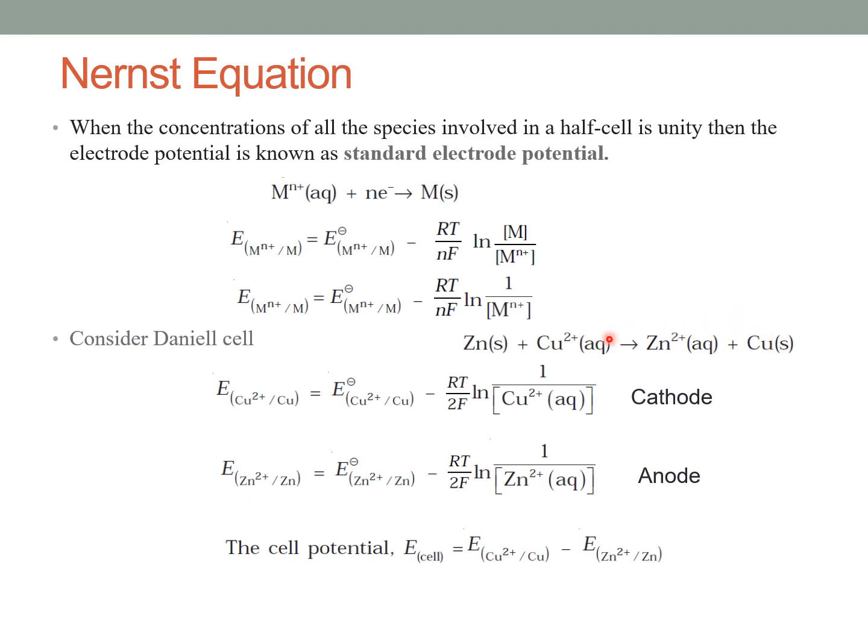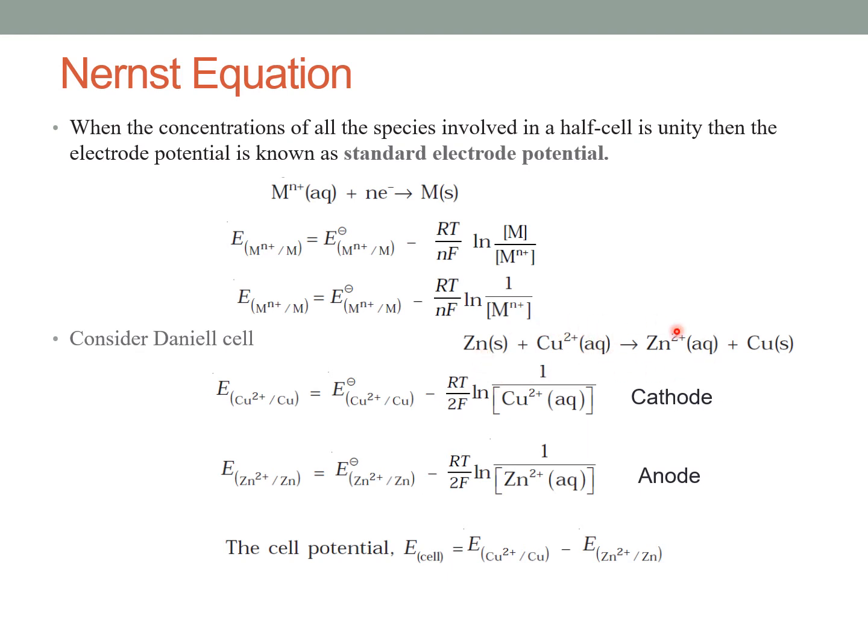If you take the individual half cells and write their corresponding Nernst equations, for example, E of copper 2 plus and copper, the electrode potential of copper 2 plus and copper at any given concentration, is equal to the standard electrode potential of copper 2 plus and copper minus RT by nF, where n is the number of electrons involved in this reaction.